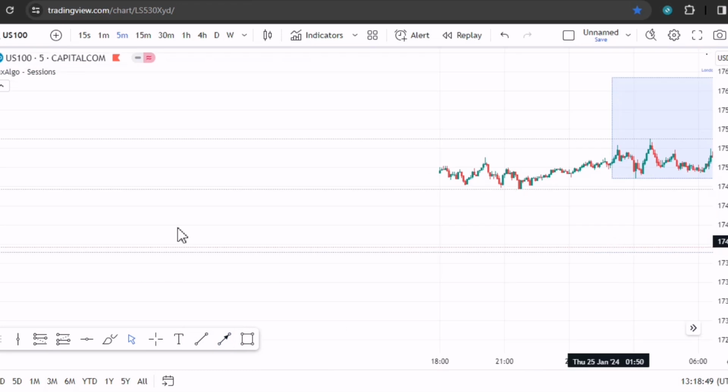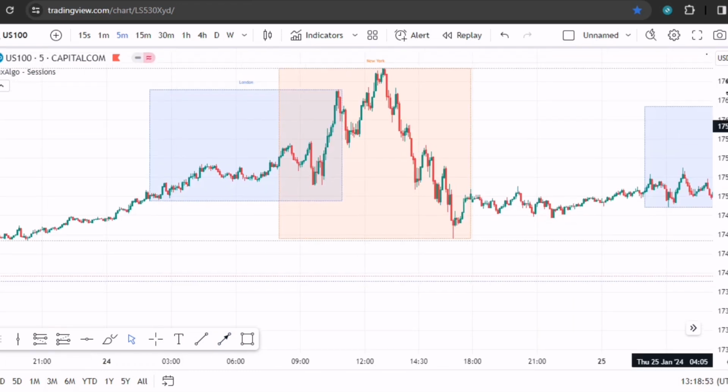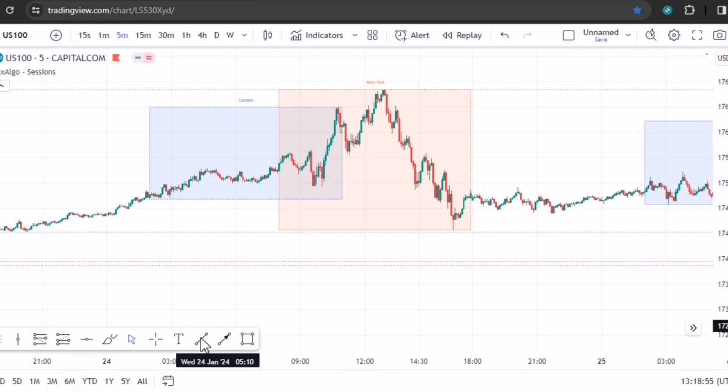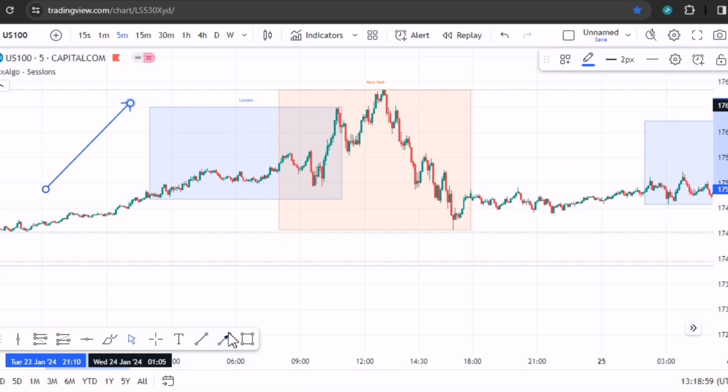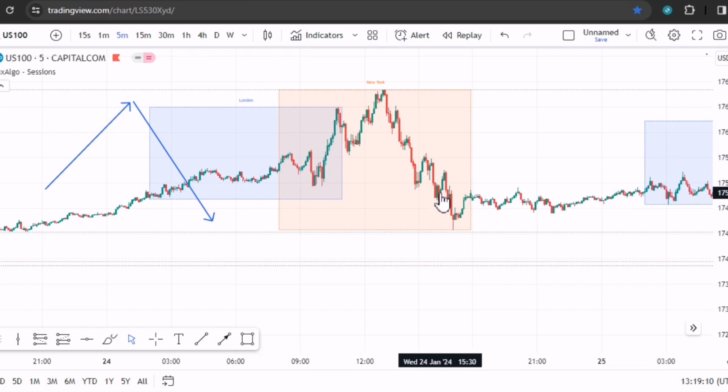Okay, let's look at another one. It's not going to be so perfect like this. I know that some people want price to be so accurate like this. It's not going to be this accurate, but it is going to make such a move.